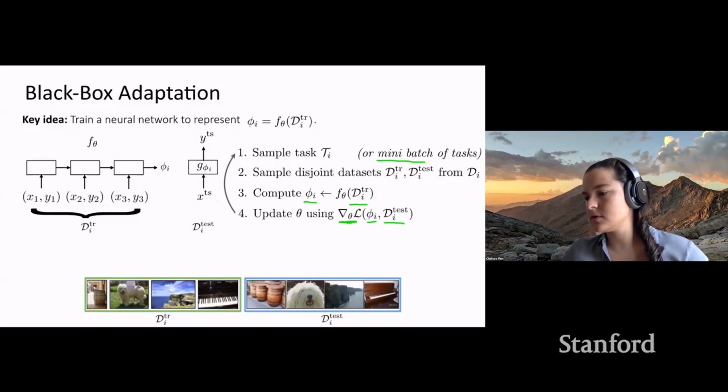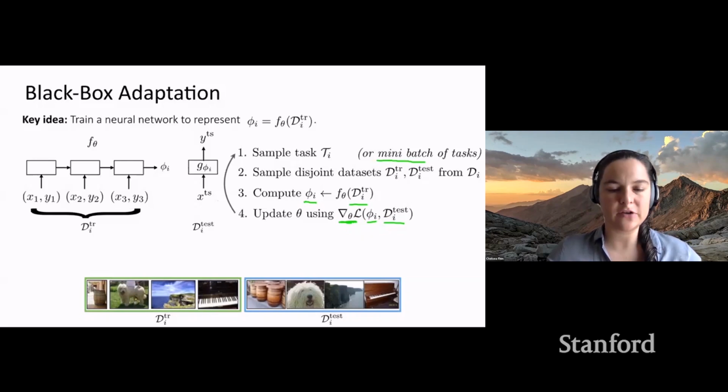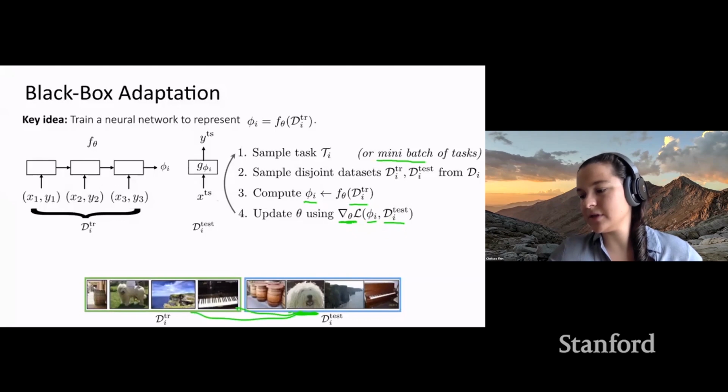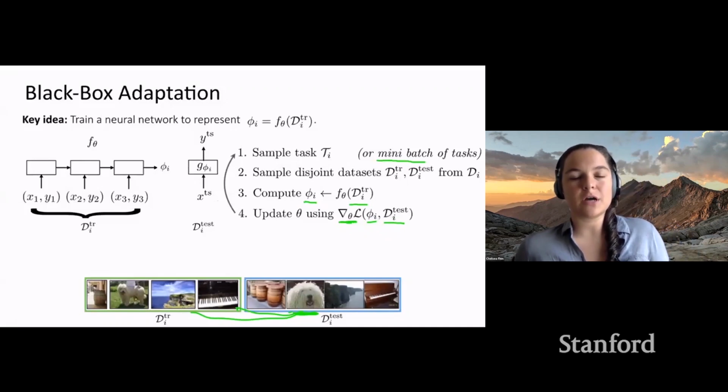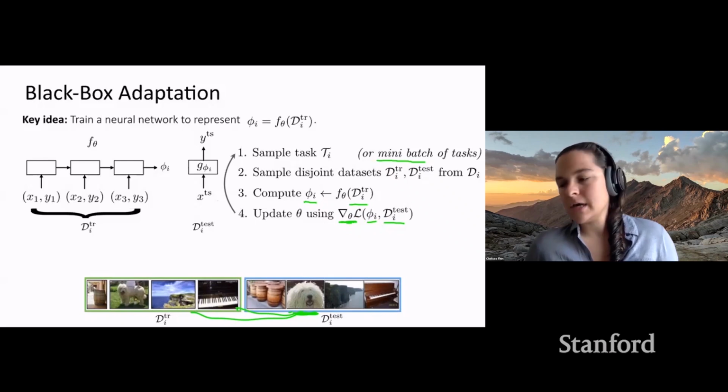Yeah, so in this case, a four-way classification problem, a reasonable strategy is just to find something that matches, like how does this image look in comparison to each of the examples in the train set? We'll actually talk about approaches that specifically try to do this kind of matching process in a few lectures when we talk about non-parametric meta learners.